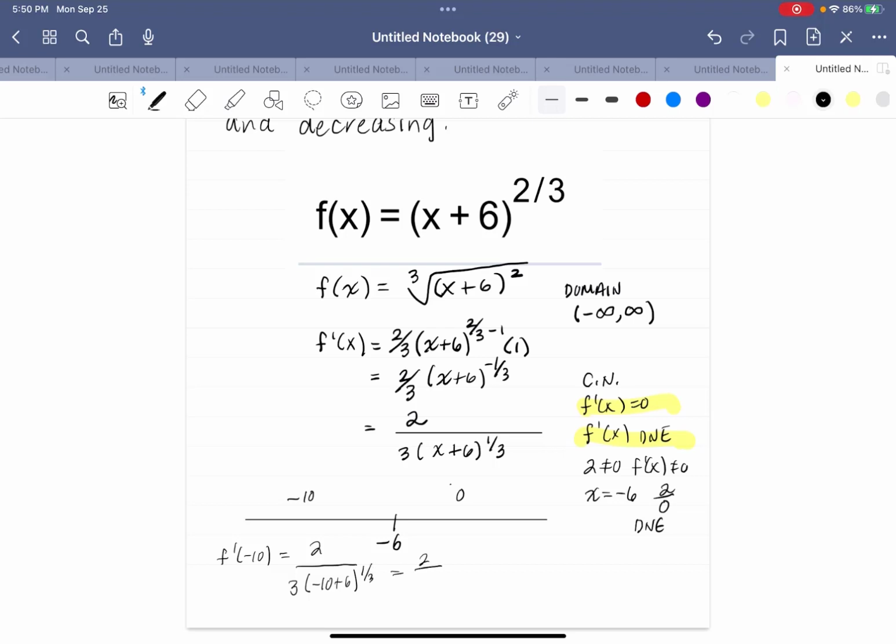That's 2 over 3 times (negative 4) to the 1/3. Now that's going to make this denominator a negative number, and a positive over a negative is a negative. So we have a negative interval to the left of negative 6.